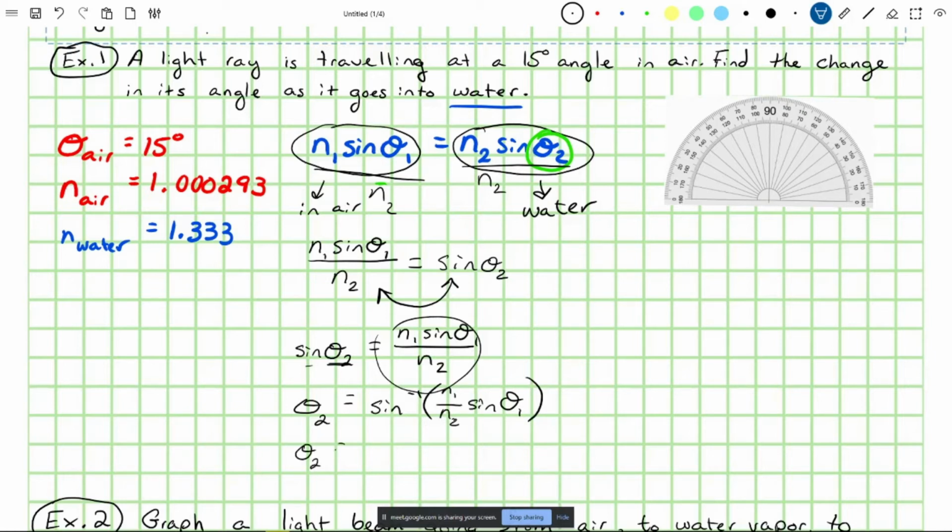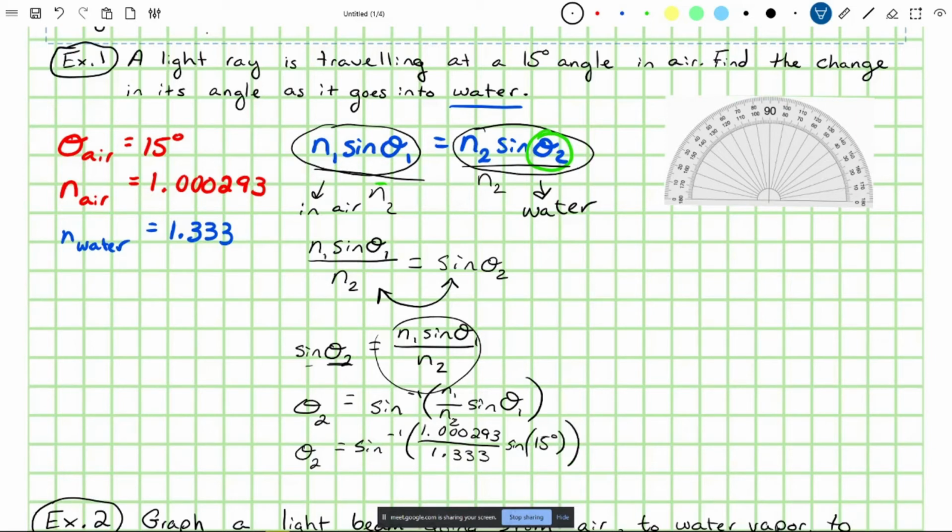Theta 2 is equal to the inverse sine of n1, which is 1.000293, divided by 1.333 times the sine of 15 degrees.